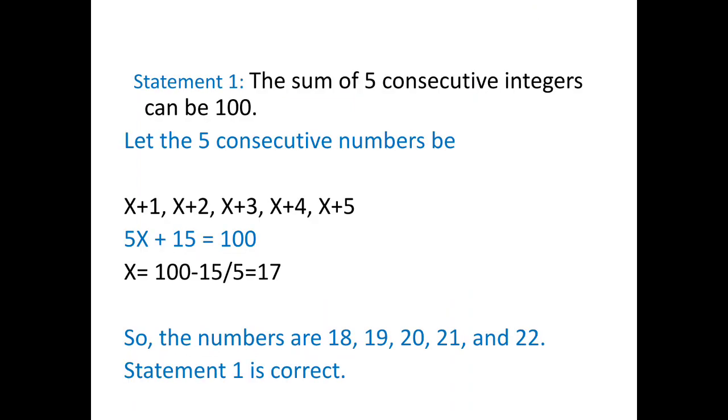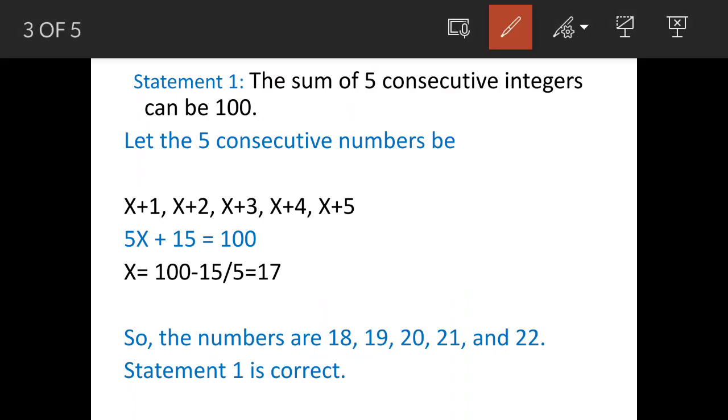Now first statement: sum of 5 consecutive integers can be 100. Let's assume that these integers are x plus 1, x plus 2, x plus 3, x plus 4 and x plus 5. When we add these 5 numbers, they should be equal to 100. This is what the question says.